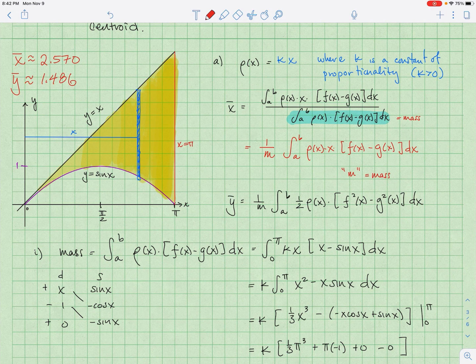Pi over 2 is about 1.5. So 2.5. Yeah, well, that's pretty close actually. And then 1.4 is going to be right about here. I drew it big, so there's some error there. X bar, Y bar. That seems to be the center of mass for this object. Okie doke. Well, there you go.